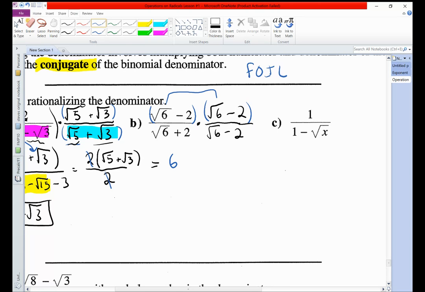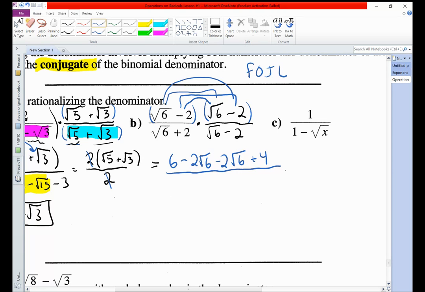And then the outside is going to give us root 6 multiplied by negative 2, which will be negative 2 root 6. And then the inside is negative 2 multiplied by root 6, which will give us another negative 2 root 6. And then finally, the last terms is a negative 2 multiplied by negative 2. That gives us a positive 4.